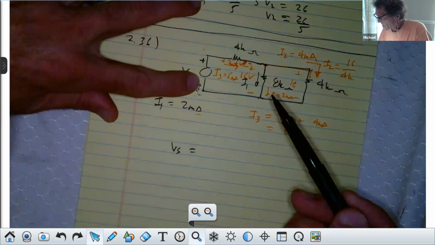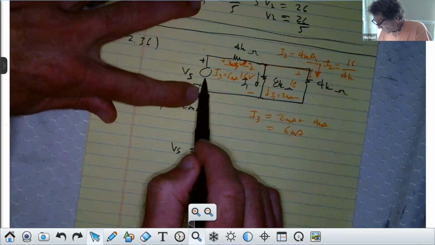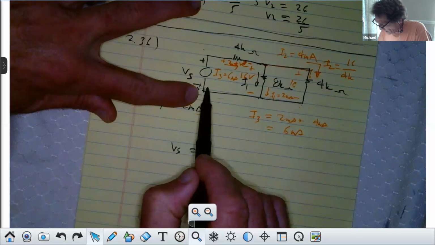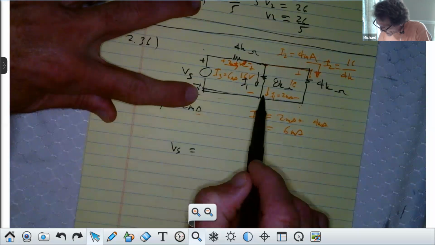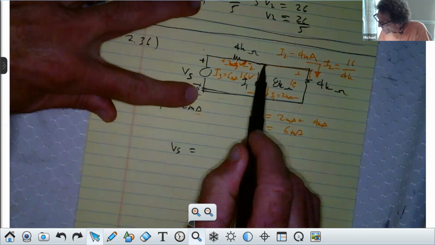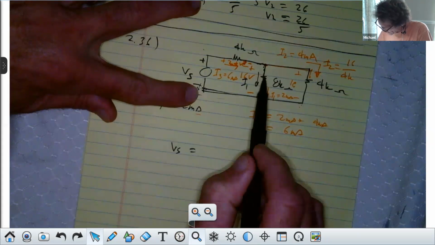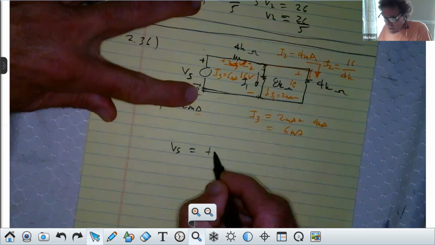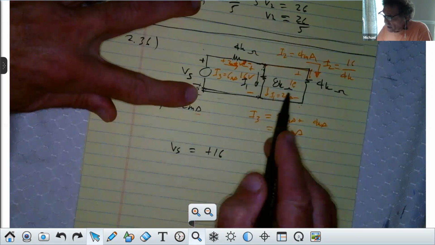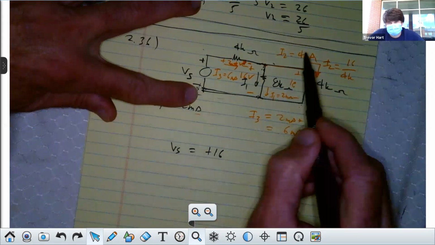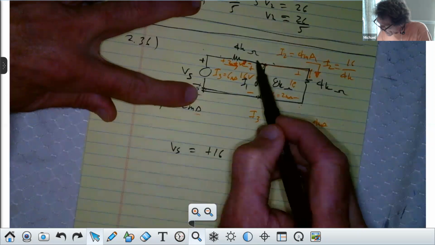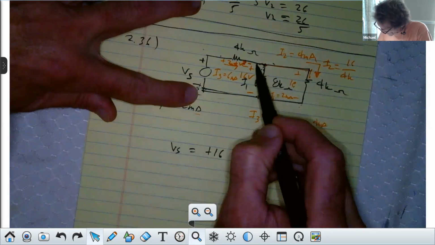Now pay attention to this. I'm starting here. I got 0 volts. I come over here. I get a voltage increase of 16. Do you all agree with that? Went from the negative to the positive at 16. Do you all agree with that, class? Yes. From here to here. What about from here to here? It's another what? Went from a negative to a positive, say it.